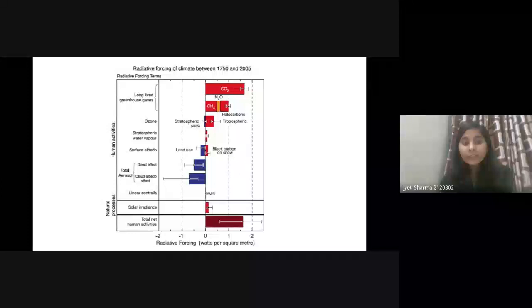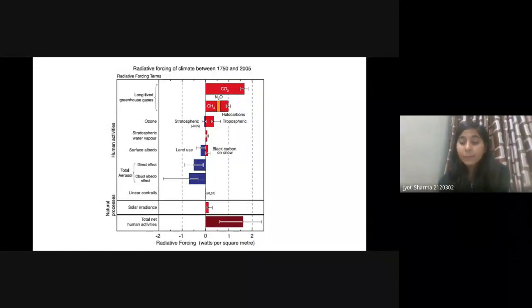Then the water vapor, as I told you, is also a potent greenhouse gas, and that will also give you the positive radiative forcing. Albedo has both effects. Whenever there is black carbon forming aerosol, that will give you the positive radiative forcing, meaning that it is giving you the warming effect.